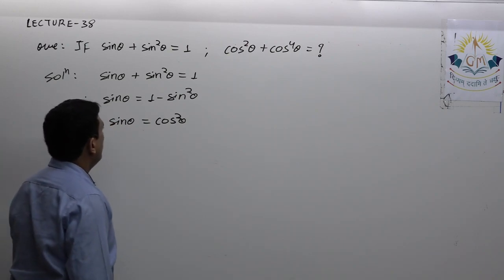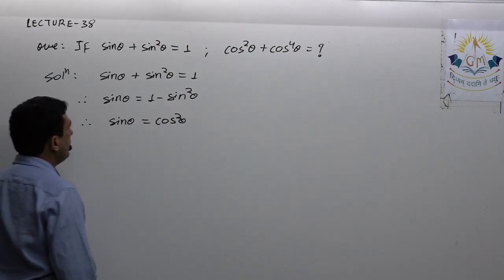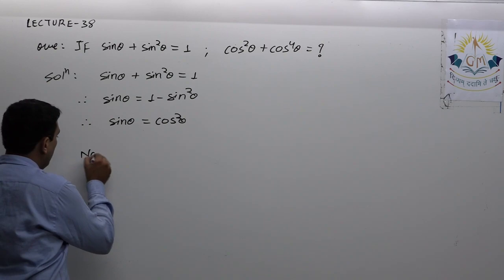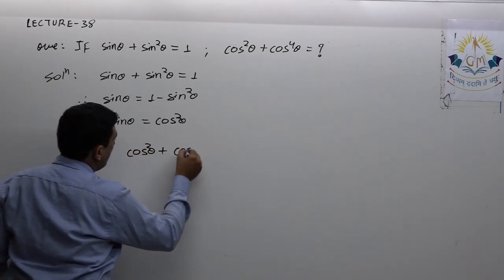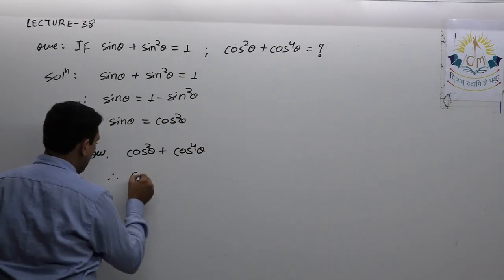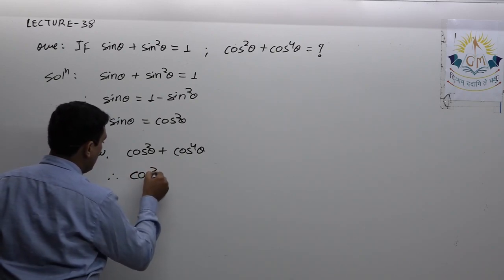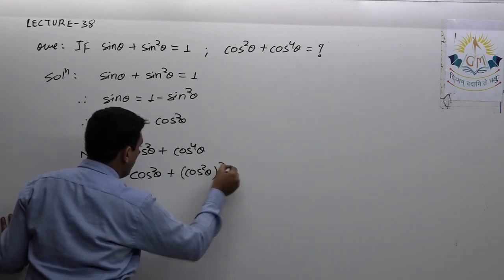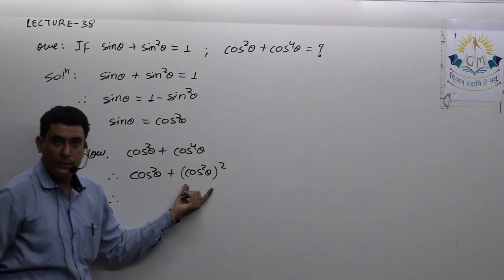In other words, value of cos square theta is sine theta. Now we have to find the value of cos square theta plus cos raised to 4 theta. So cos square theta I can write as it is, and over here I can write cos square theta whole square, isn't it? Cos raised to 4 theta I wrote as cos square theta whole square.